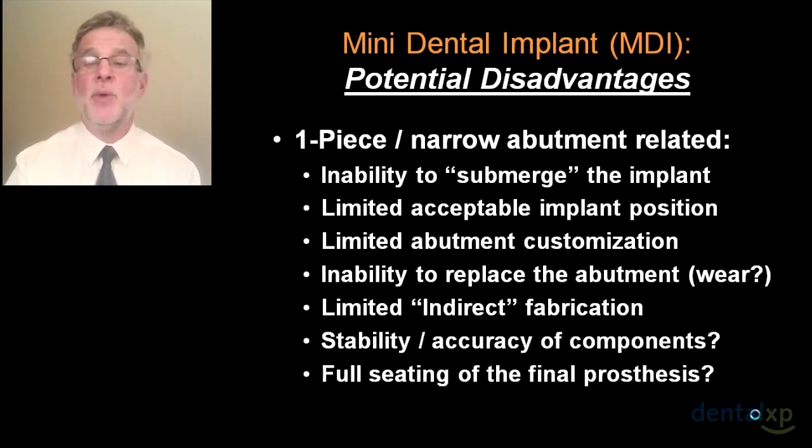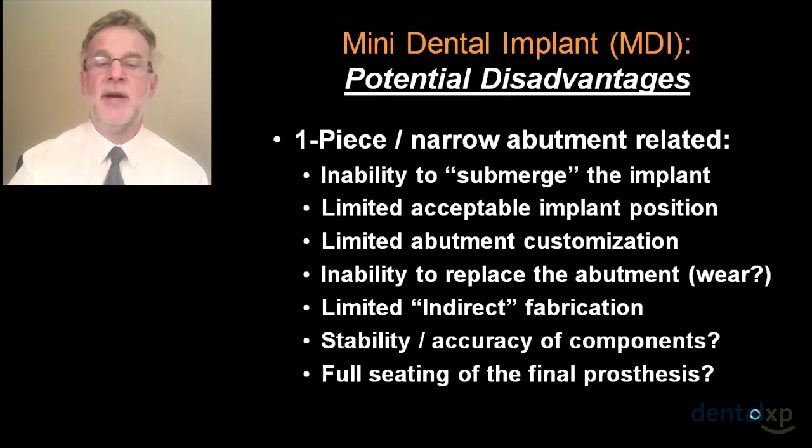If the abutment wears, if it's a one-piece implant, you cannot replace it. A lot of companies have very limited components for indirect fabrication. And sometimes because of that, we find the accuracy of the fit of the prosthesis, especially in these fixed cases, is not great. At least that's been my clinical experience.